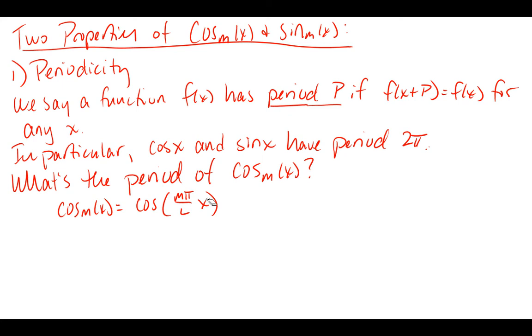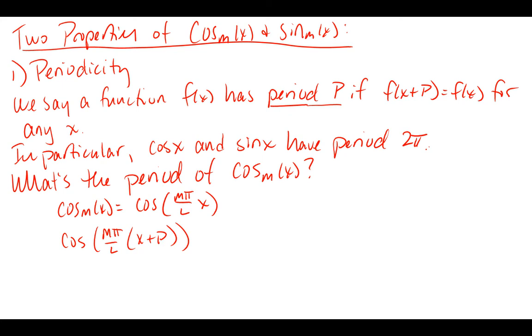I know that if I take this and add 2 pi, I'm going to get the same thing. So if I plug in some unknown period p, how do I know how much p is?